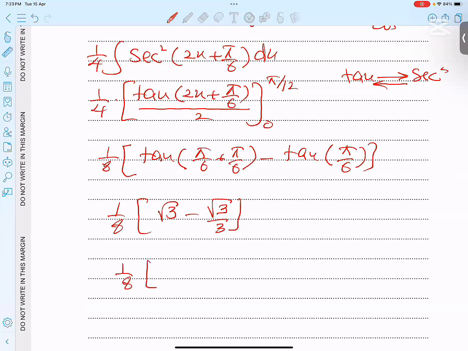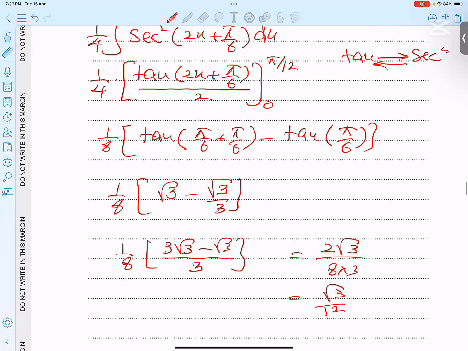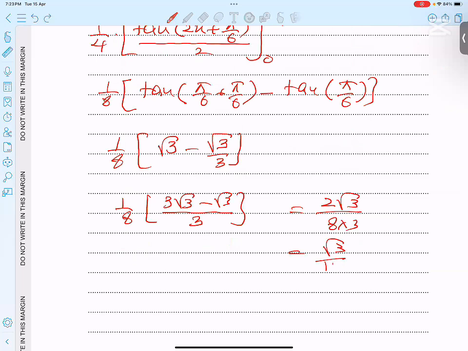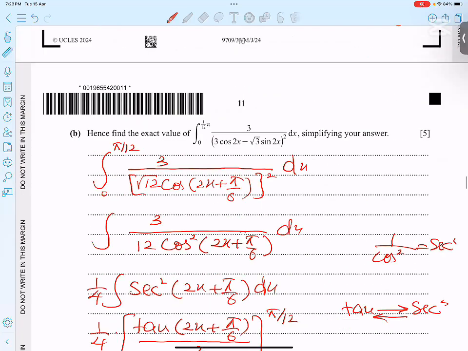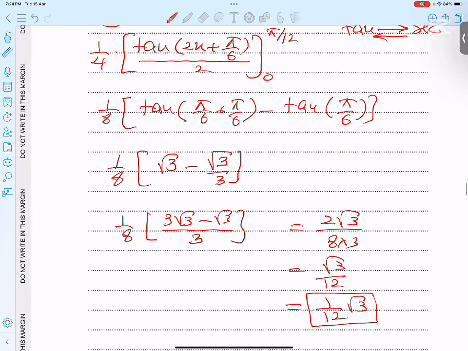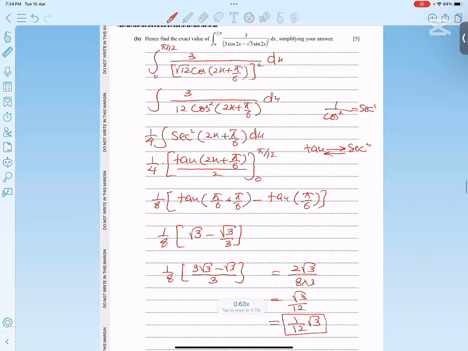If I take the LCM, students, the LCM is 3, so 3 root 3 minus root 3, and I get 2 root 3 over 8 into 3. This cancels and I got root 3 by 12. If you leave it here, it's full marks, this is not a big effect. Or 1 over 12 root 3 is our final form. But did he ask for a special form? Not at all. So this is our required form, which he was asking us.